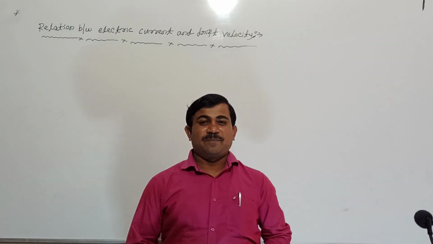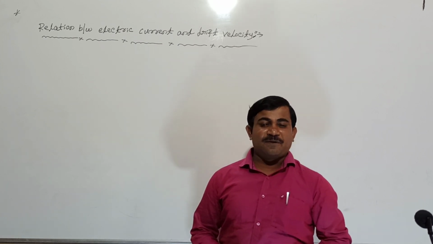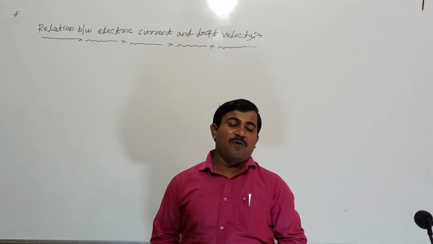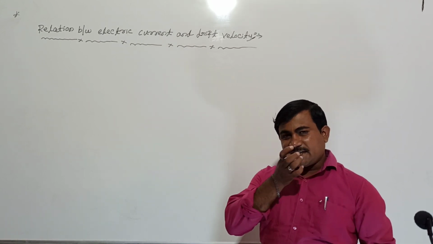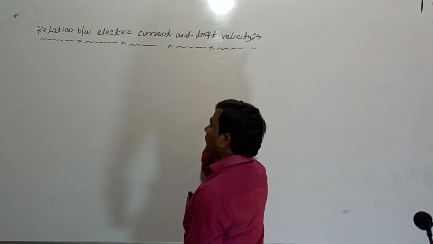Welcome back, students. In this session, we will discuss the relation between electric current and drift velocity and the concept of Ohm's law. Let us start with the relation between electric current and drift velocity.